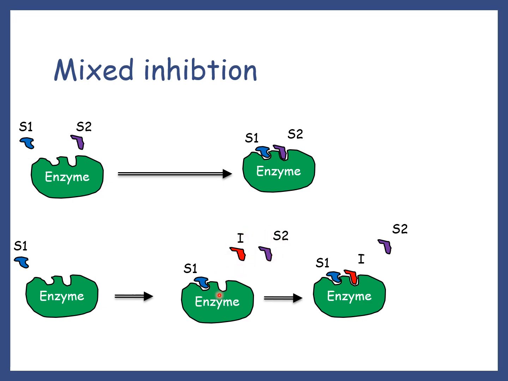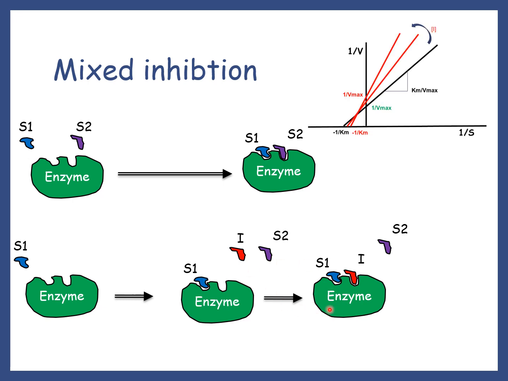So there is competitive inhibition for site 2, but there is no inhibition or competition for site 1. In this kind of case, we observe the phenomenon of mixed inhibition, and you can see the competitive inhibition graph moves in such a way that we have lower Km values and lower Vmax values, and higher Km values.